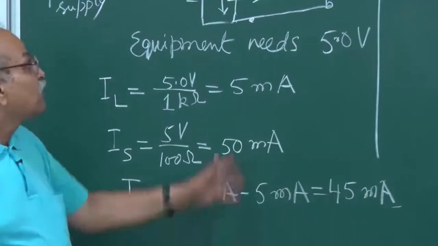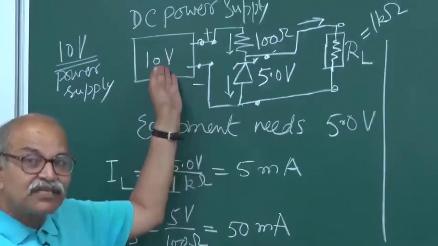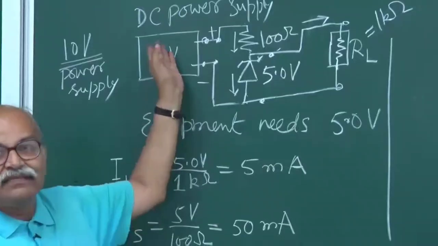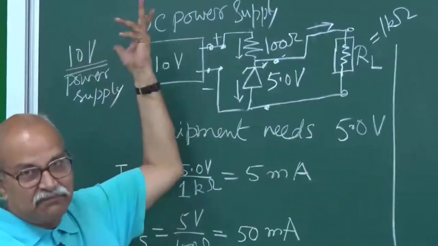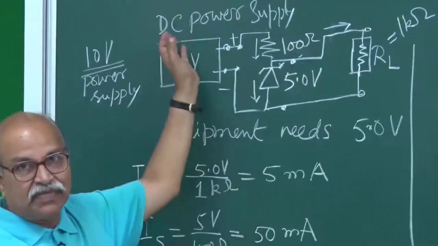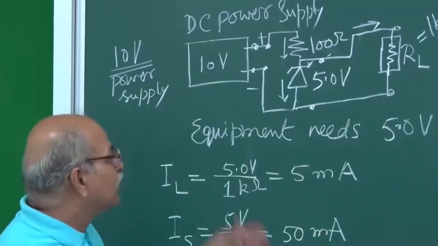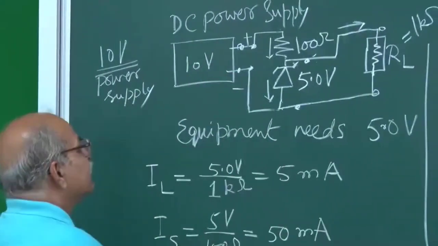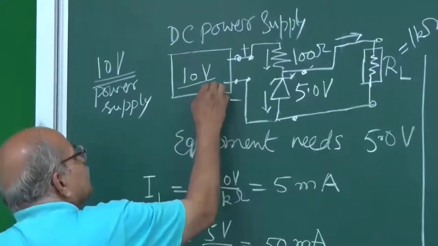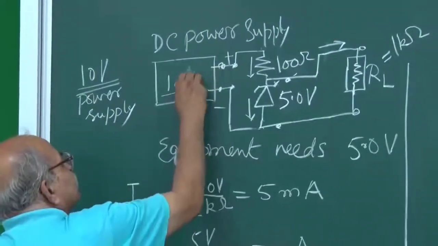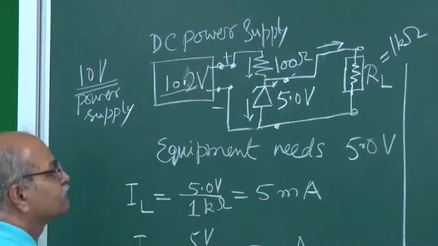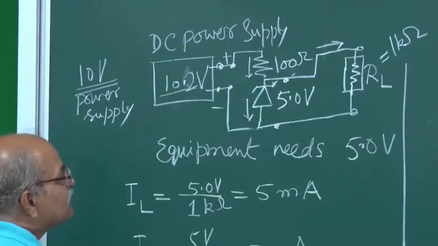Now suppose there is a fluctuation in this voltage, and this 10 becomes, let's say, 10.2. What will happen? Right? So analyze it once again, taking that this 10 has now become 10.2. So what happens?